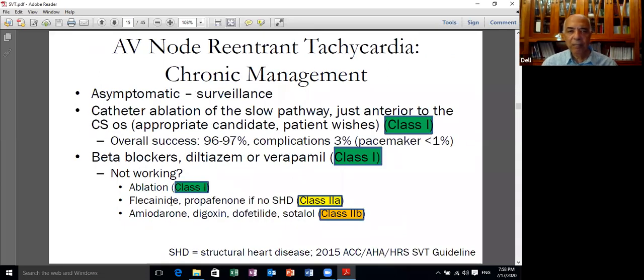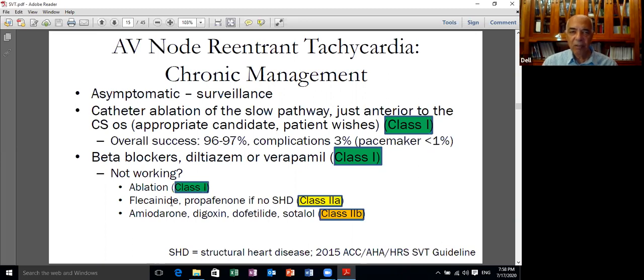For chronic management, if the patient is getting short episodes of tachycardia every few months, then surveillance is enough. Don't go to long-term chronic pharmacologic therapy, and don't advise ablation, because although ablation is very, very successful with a low complication rate, it is an invasive procedure.